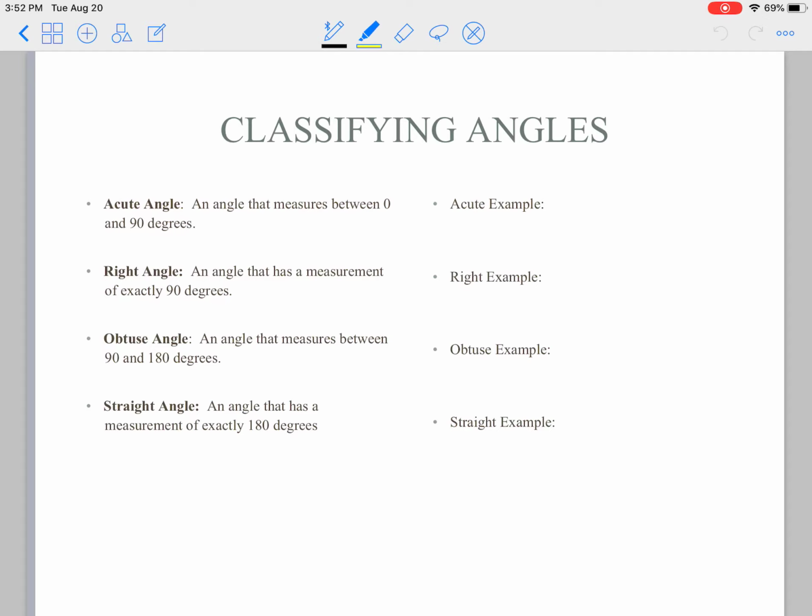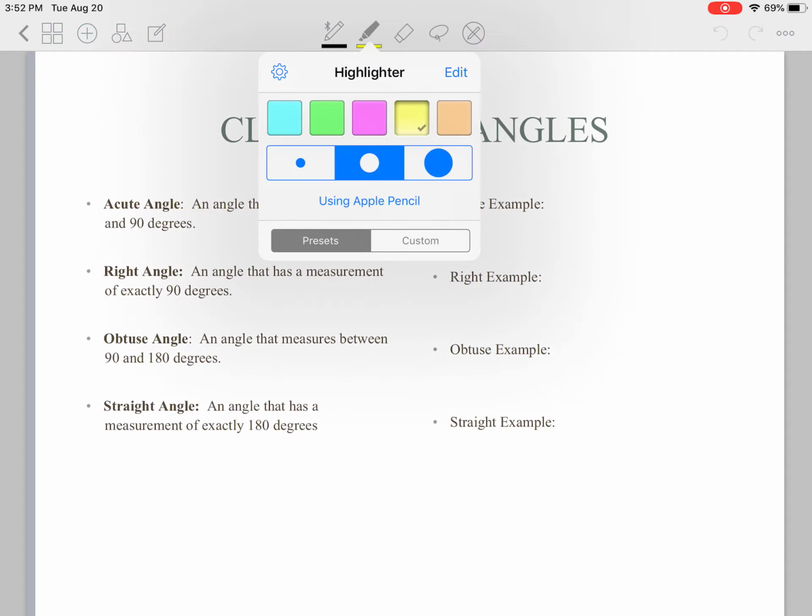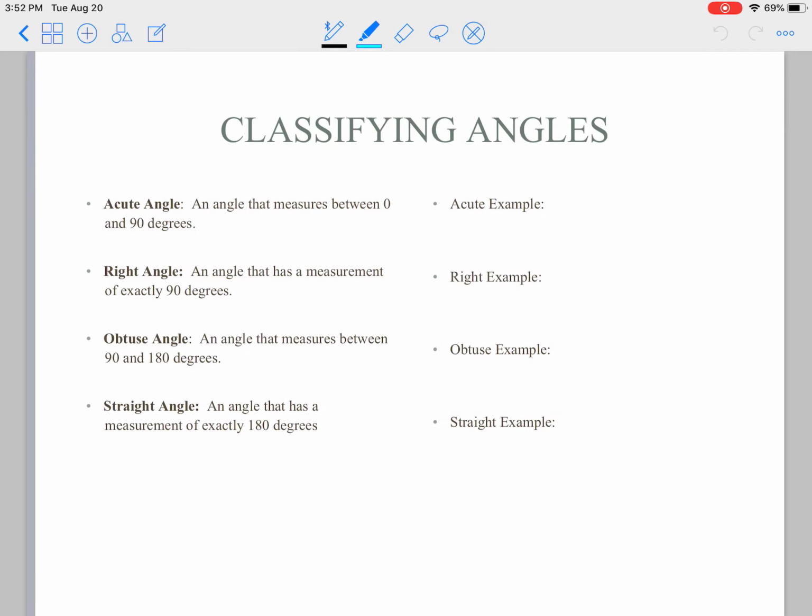So classifying angles. The method for classifying angles is by their measure, okay? So we're going to classify them based on measurement. We have 4 options. We have acute, right, obtuse, and straight. And it all is based on the degree, or the measure in degrees.